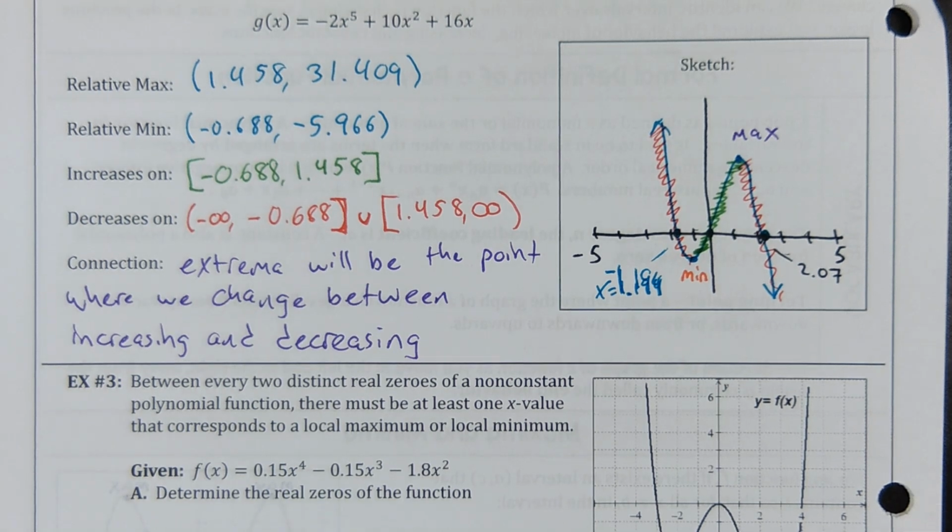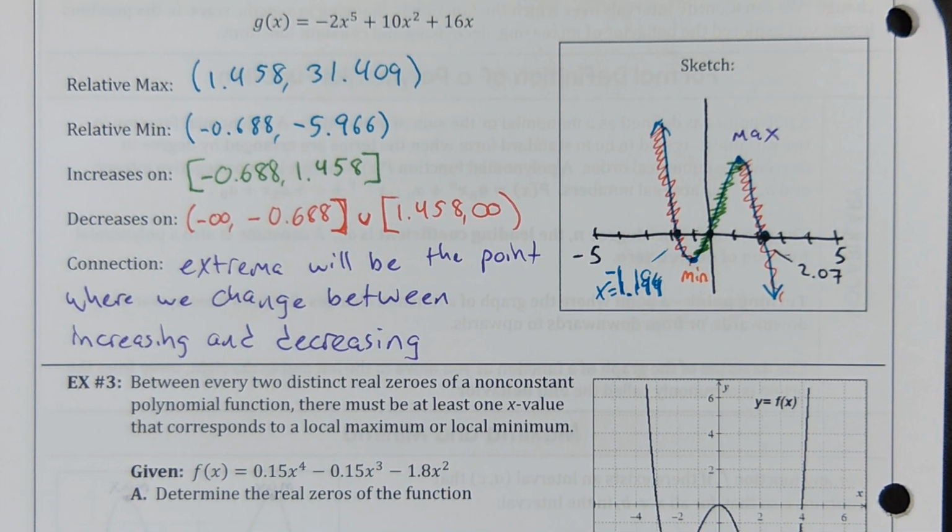Extrema will always be the point where we change between increasing and decreasing as long as they're not an endpoint, because that's just an endpoint. But there's more to it than that. There's more to realize. There's more to understand.